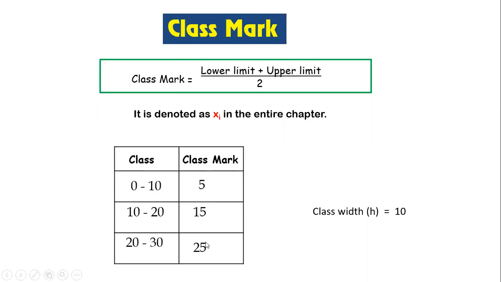Now students, do we have to add 10 every time? No. Whatever the class width is, that is what we have to add. And where do we get this class width from? From the gap between 0 and 10, 10 and 20. Their gap is 10. So class mark will also keep on increasing by 10. So class mark is clear, class width is clear. Let us understand this.